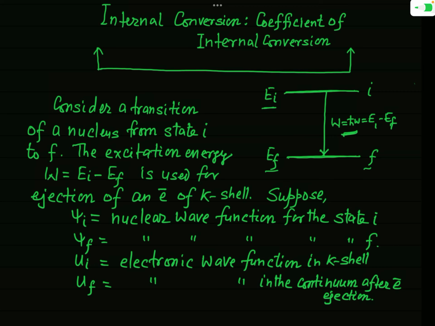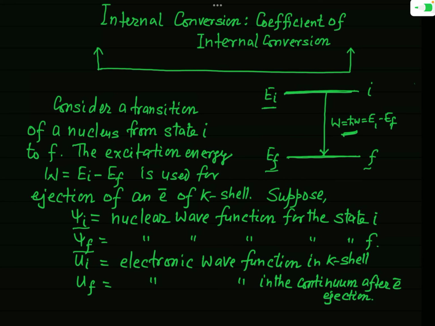Now, to find the value of the coefficient of internal conversion, let us consider that when the nucleus is in its initial state, before the transition, the nuclear wave function is psi I. When the transition takes place, the nucleus is in its final state F, and the nuclear wave function is psi F. Since the electron is also present in our discussion, we also consider its wave function when it was present in a particular shell.